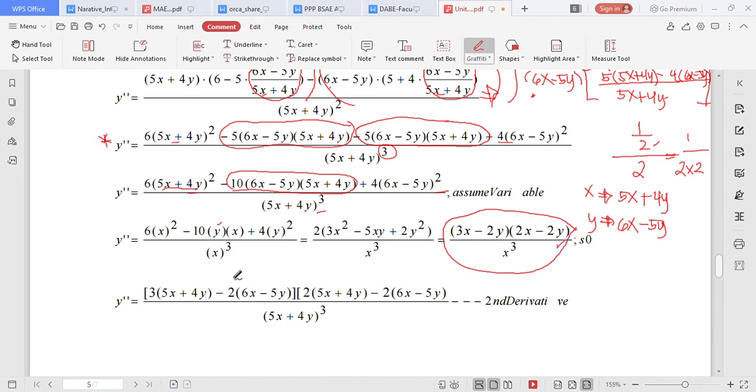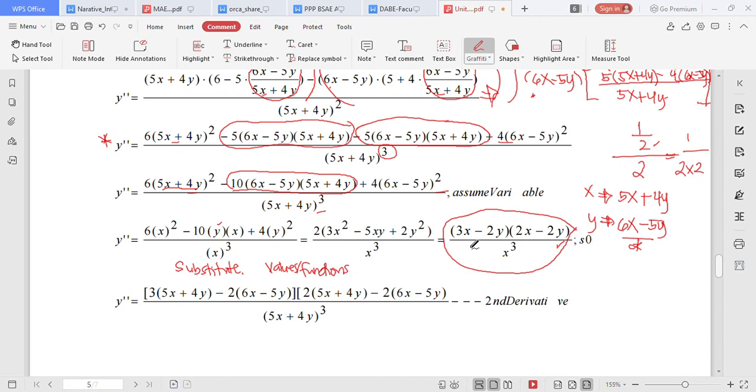And then we substitute, because we assumed that x is 5x plus 4y and y is 6x minus 5y. So, substitute again these values, substitute values or functions.